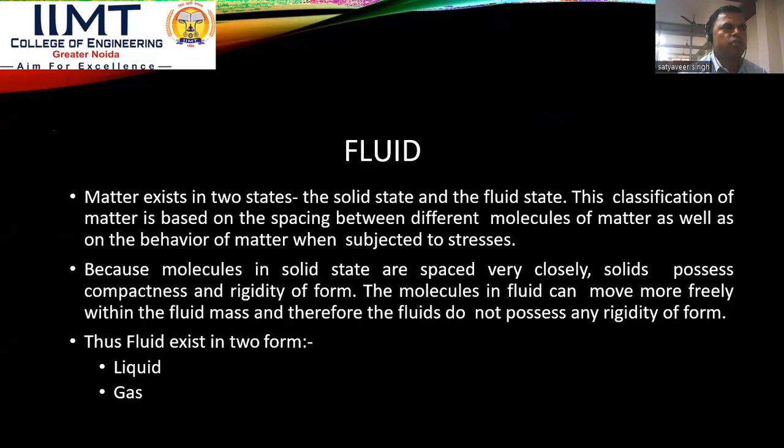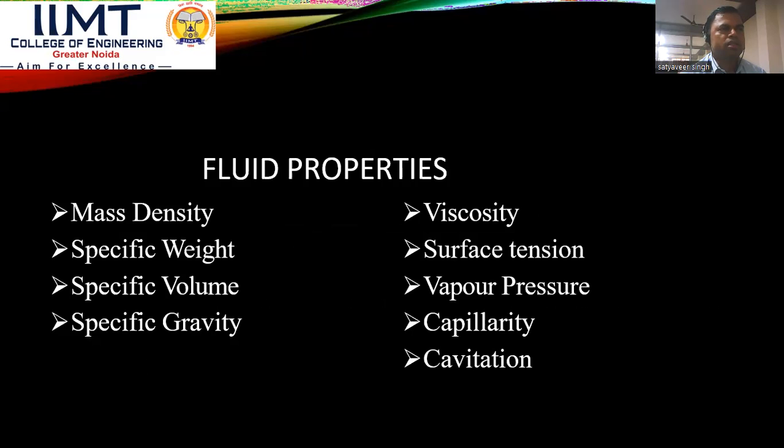This classification of matter is based on the spacing between different molecules of the matter as well as the behavior of the matter when subjected to stresses. The first form of fluid is liquid and the second is gas. We will discuss in detail the fluid properties.